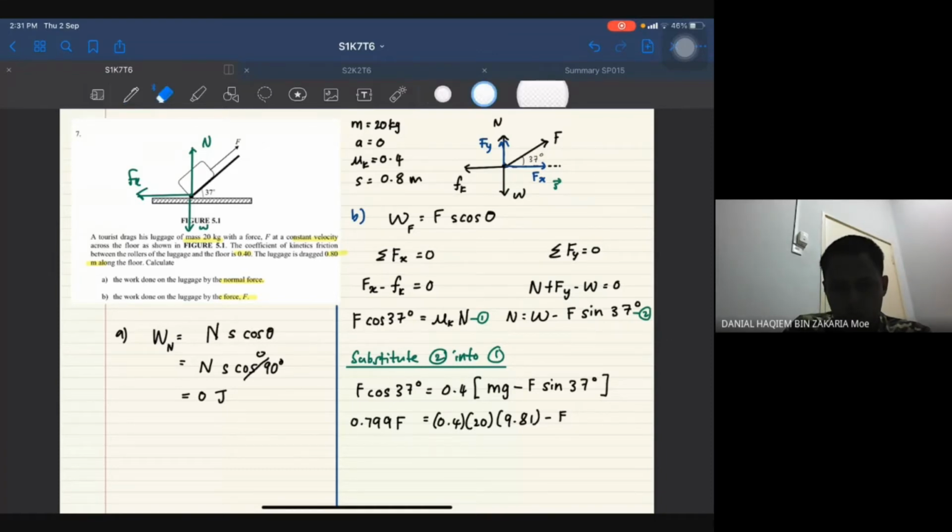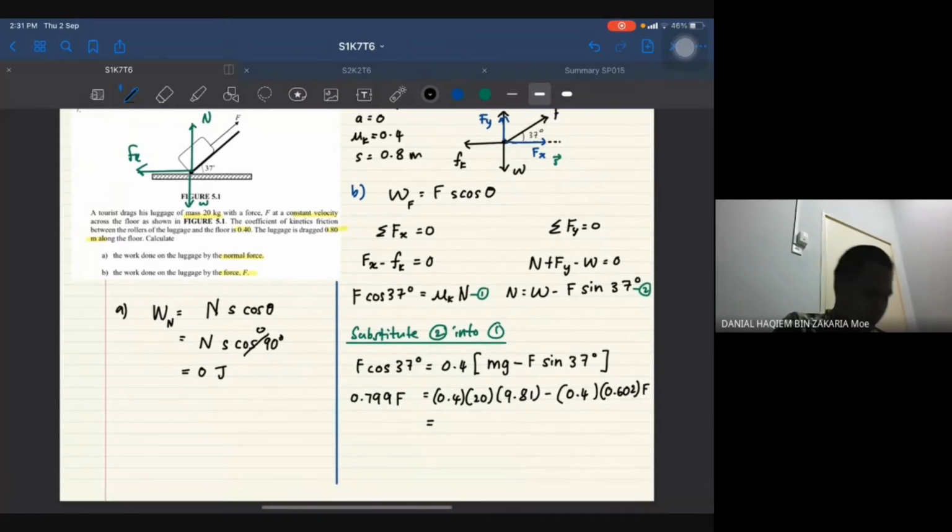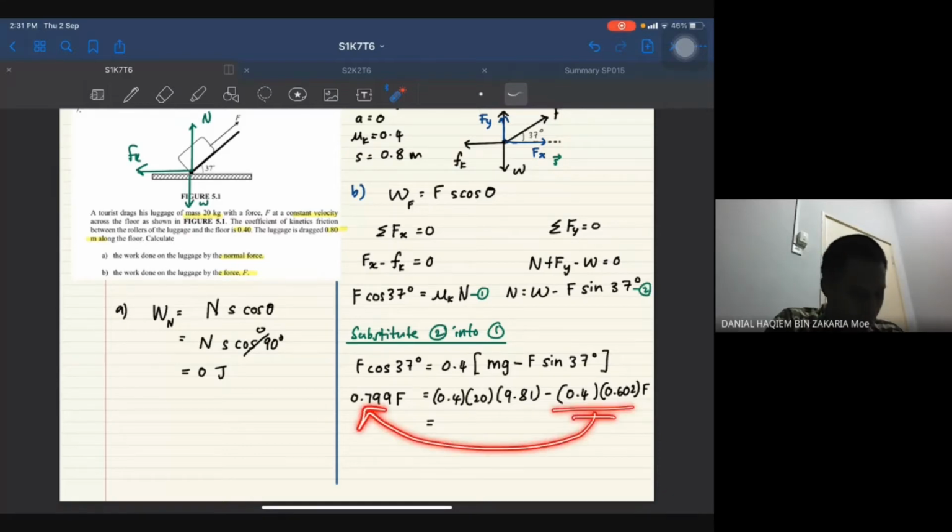Make sure to round it off. Because there is a 0.4, I open up the bracket so it is multiplied with that. Now I can bring it to the left hand side: 0.4 multiplied by 0.602 plus 0.799.